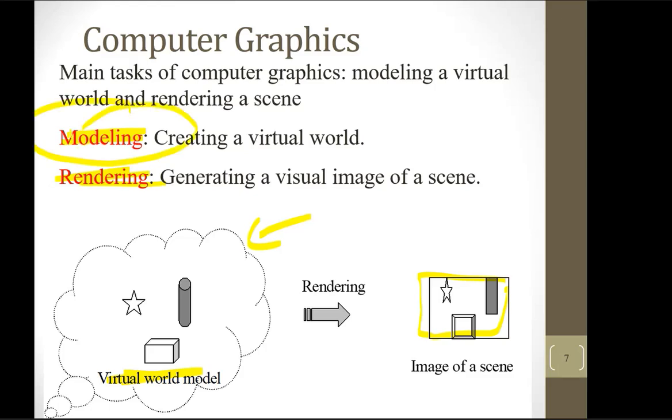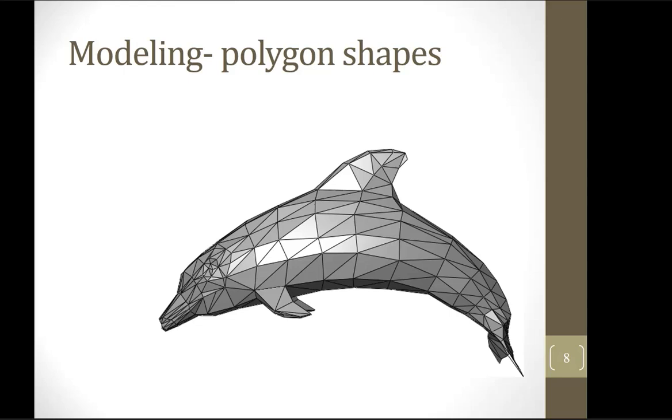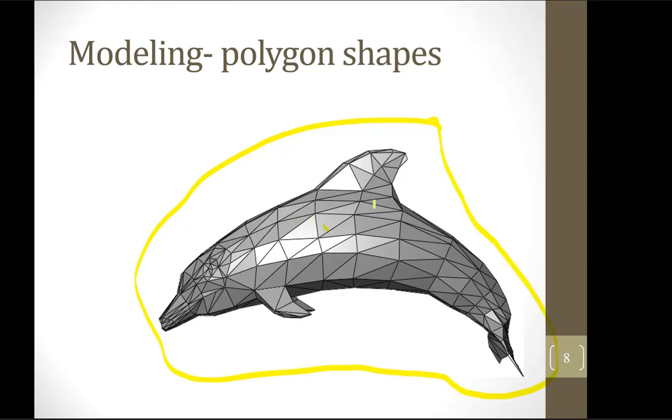Here we are talking about, for example, 3D modeling. Let's suppose that we want to model this dolphin. To make a model, we need a lot of details. We have many shapes here, and we need a lot of details. You can see that we made the model of this dolphin by using these triangles.